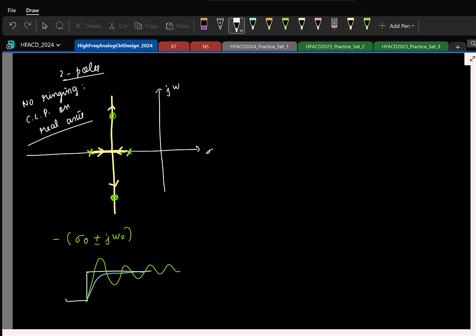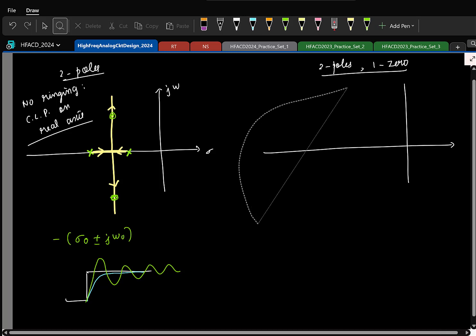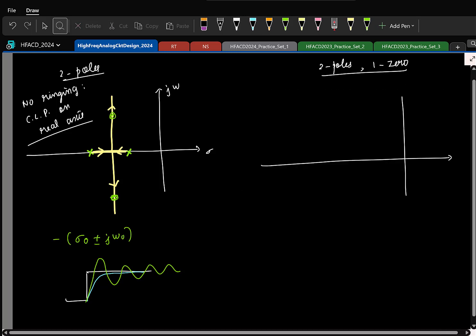Great. So now we have been looking only at poles. The zero should not feel bad, so let's add a zero. I'll take the same thing, push it down maybe, sigma j omega.